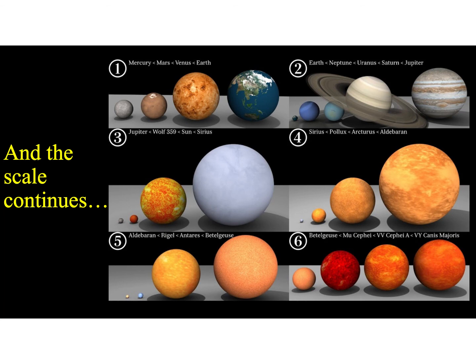This slide shows a little bit more about size scale in space. In the first image, you can see that Earth is bigger than the other inner planets and is only slightly bigger than Venus. But in the second image, can you see how small Earth is compared to the gas giants? Jupiter's huge. But in image 3, Jupiter looks really small compared to the Sun and bright star Sirius.